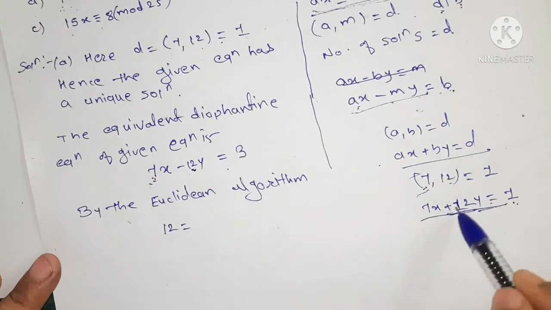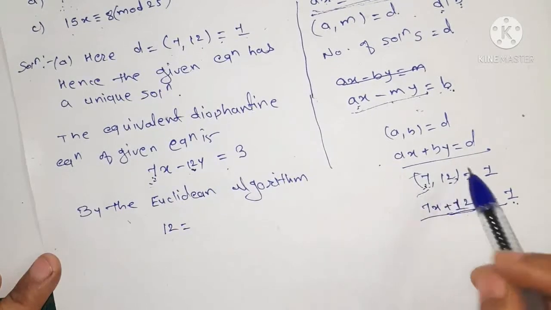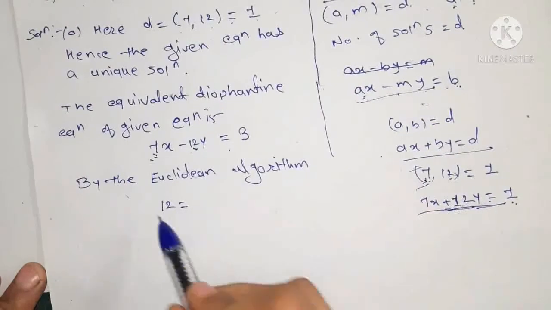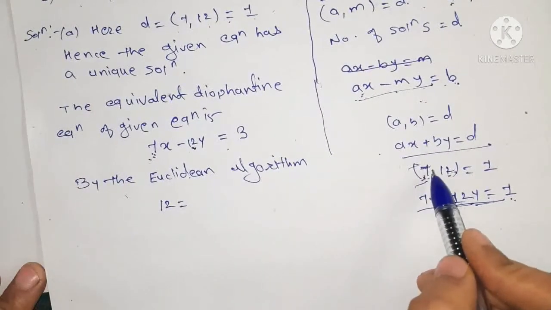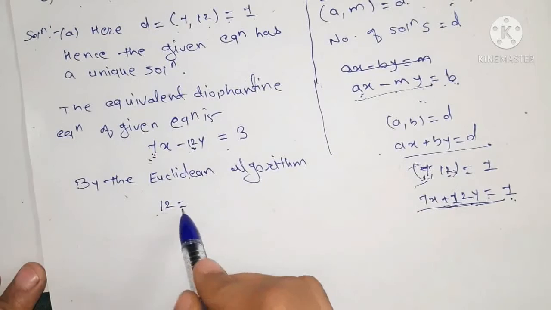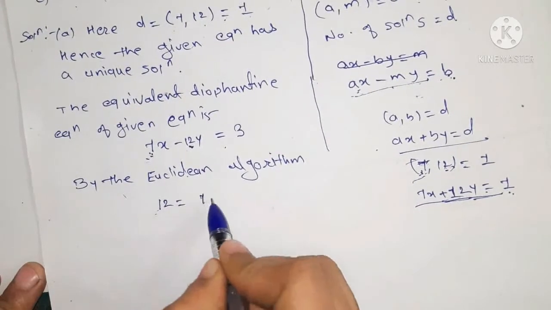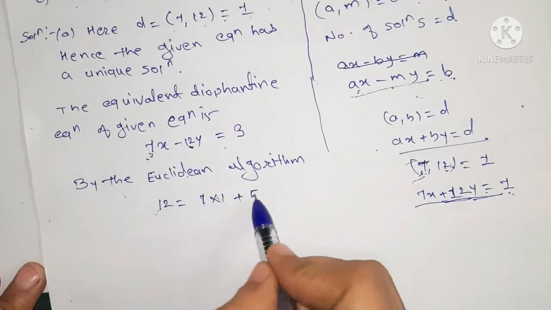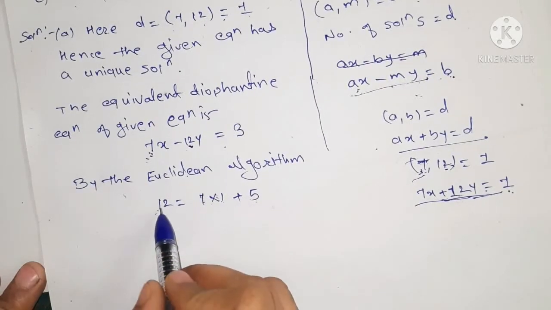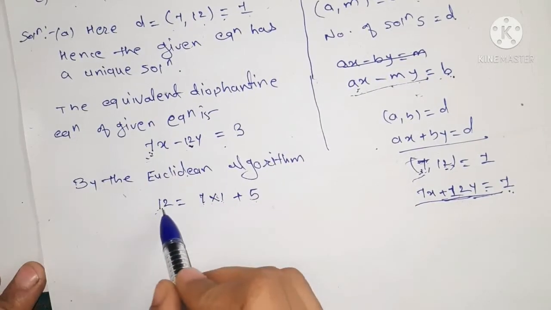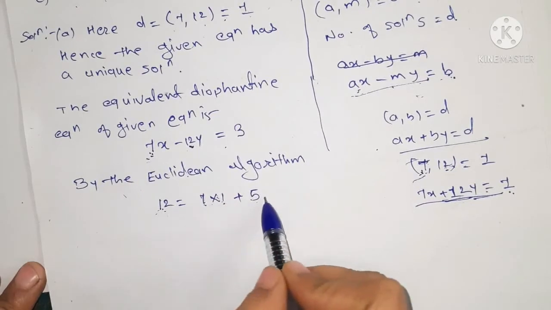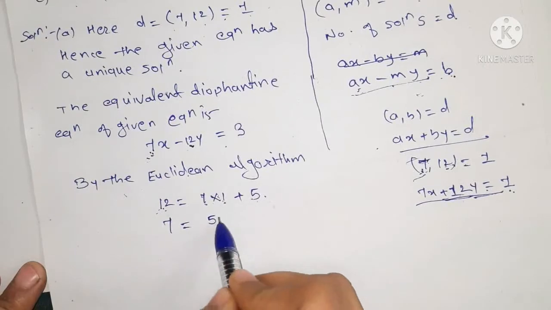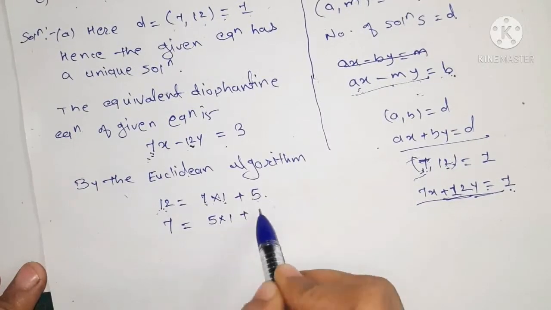To find the GCD we apply the Euclidean algorithm. By the division algorithm, 12 is equal to 7 into 1 plus the remainder 5. Now 7 can be expressed as 5 into 1 plus 2.